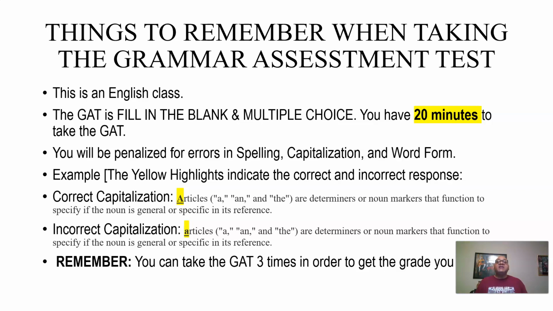And then you're going to get a 5 out of 10, a 6 out of 10, 7 out of 10, and you're going to be tempted to email me and say, I took the grammar assessment test and I know for a fact I got all of my answers correct, or I did better than what the computer is saying.